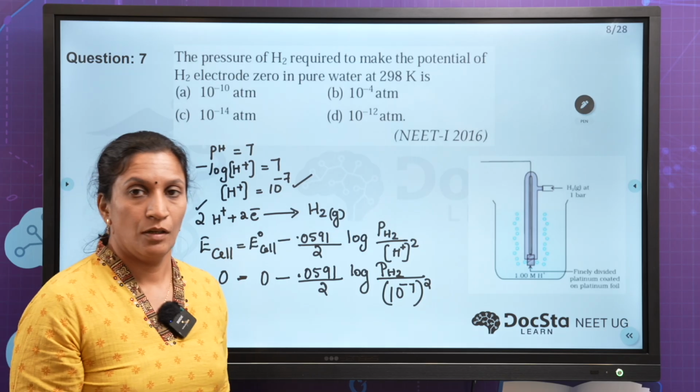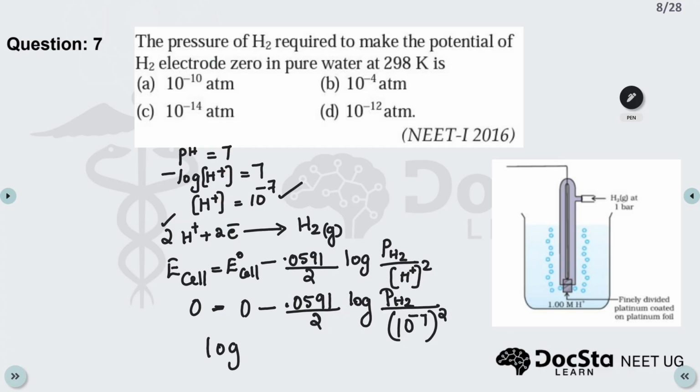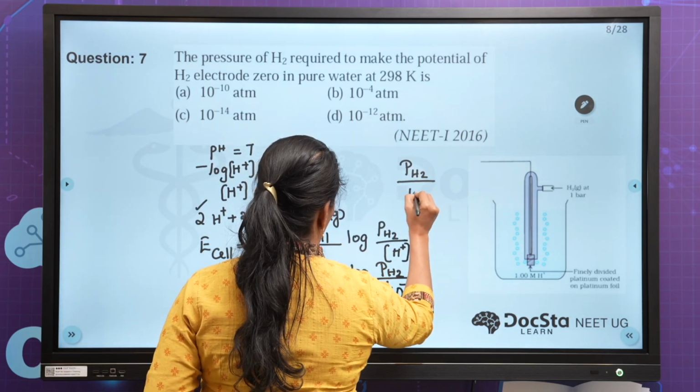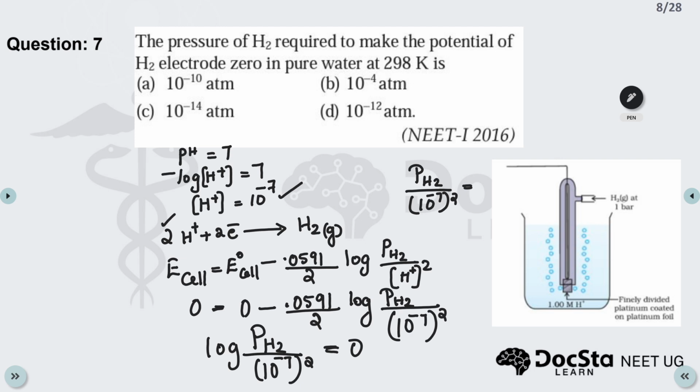ഇതായിരിക്കും expression. On solving this equation we find that this term log, since other parameters become 0, log pressure of hydrogen divided by 10 to the power of minus 7 the whole square becomes equal to 0, or pressure of hydrogen divided by 10 to the power of minus 7 the whole square is equal to, if you are taking log to the right hand side, log 0 is 1, or pressure of hydrogen is equal to, if you take this square, it becomes 10 to the power of minus 14.